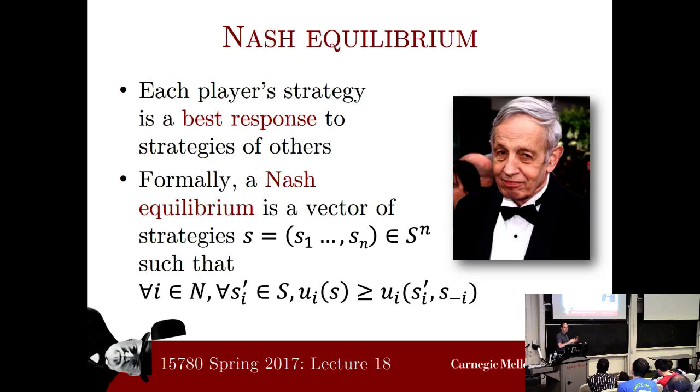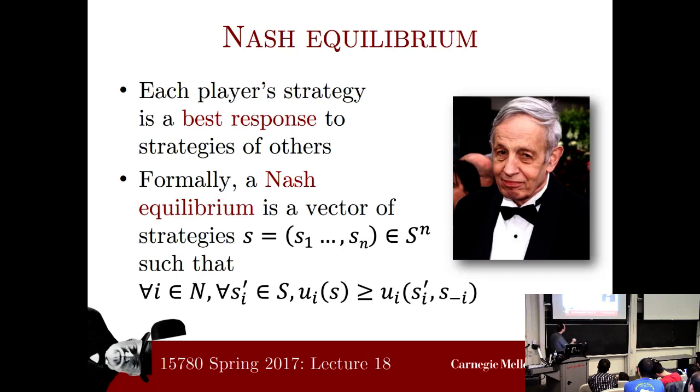This is notation that we're also going to use later on and in the homework. So again, this is a vector of strategies for all of the players except player i, where they play the same thing that they play in S. This thing is a vector of strategies where i plays Si prime and everybody else plays what they play in S, Sj. This is a vector where everybody plays Sj, including player i.